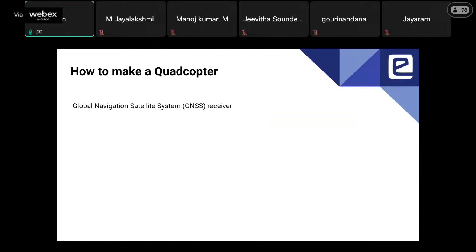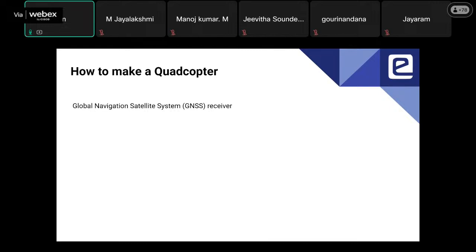Now we come to GNSS, Global Navigation Satellite System. These are sensors or extra components on a drone. We actually need these when you want to know the exact position of the drone, where the drone is located in the world.